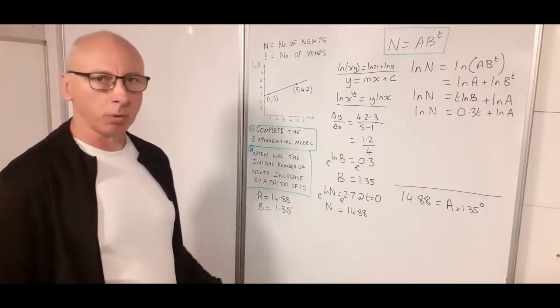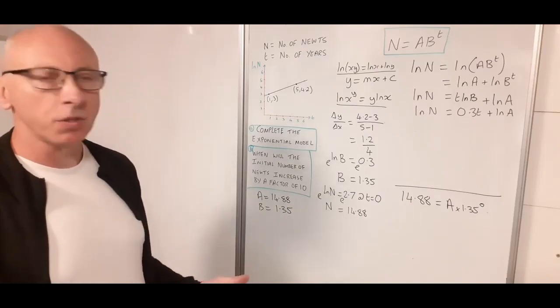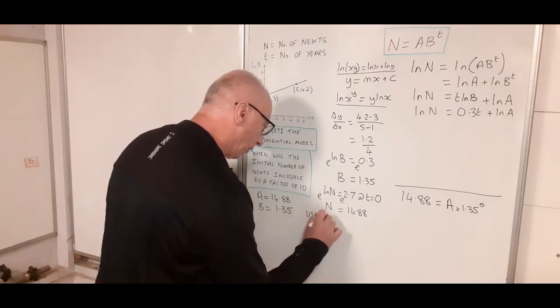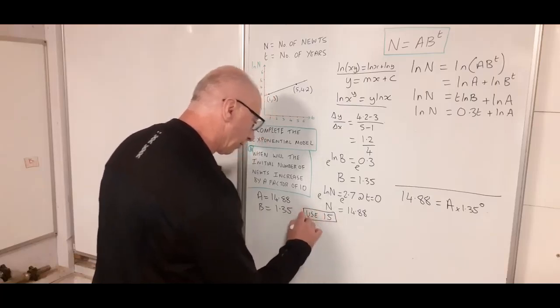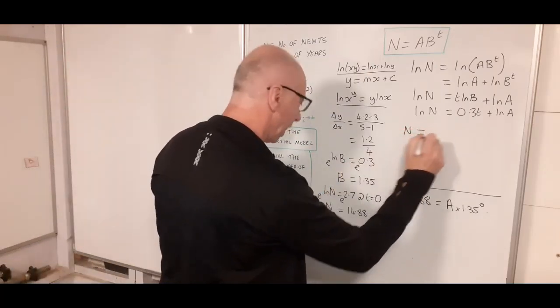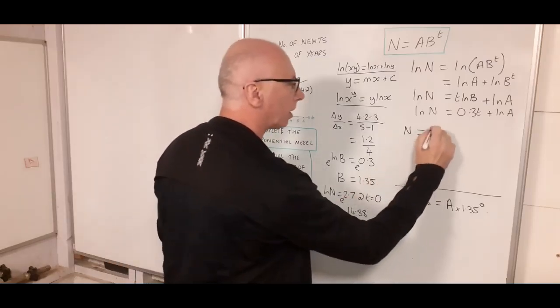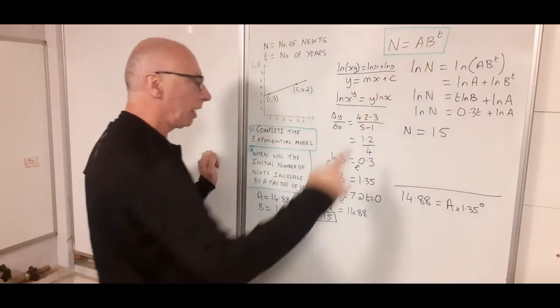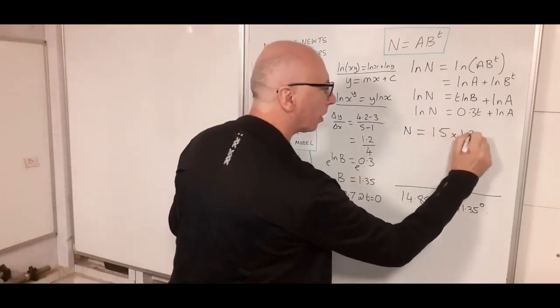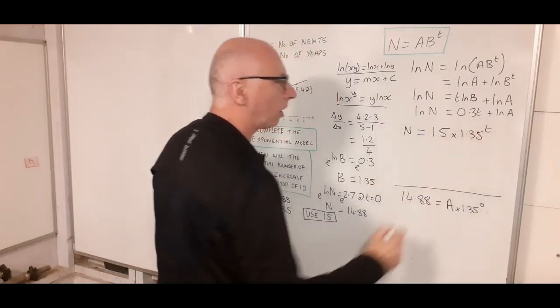Now we can't have 14.88 newts, so I'm going to use 15 for that reason. So I'm going to use that in my model. So we've got n equals a, which we're going to use 15, times b, b is 1.35, to the power of t.